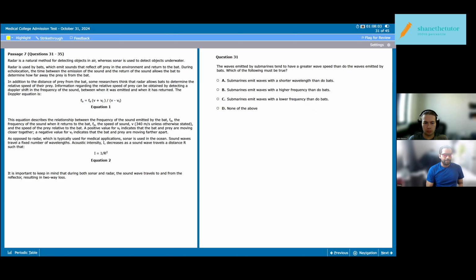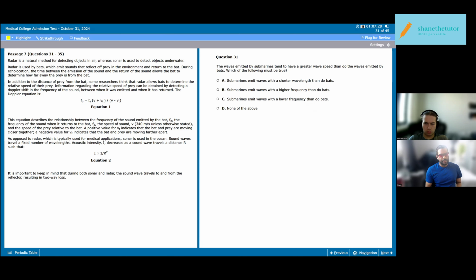So, for this passage, what we want to be aware of is that they first talk about echolocation, and they're likely going to ask us about that. And then they talk about radar using the Doppler shift, so they're definitely going to ask us something about that. And then they talk about the intensity.